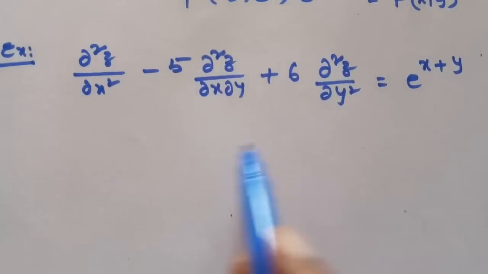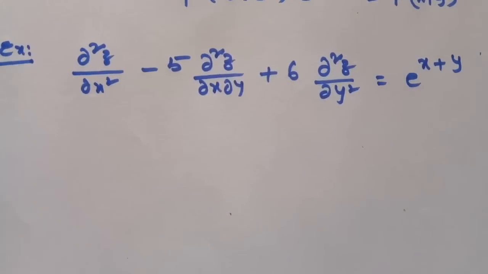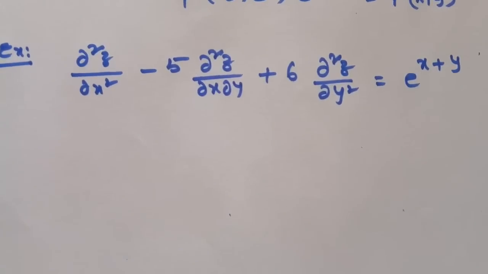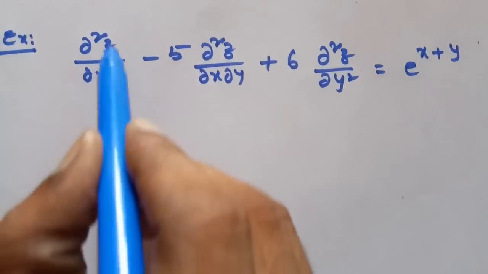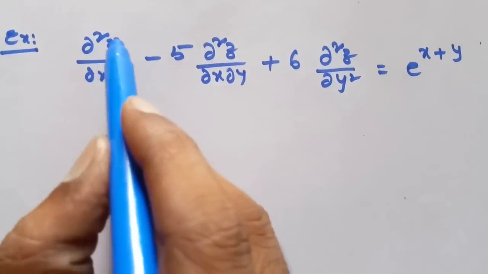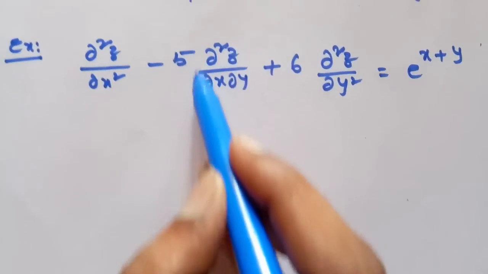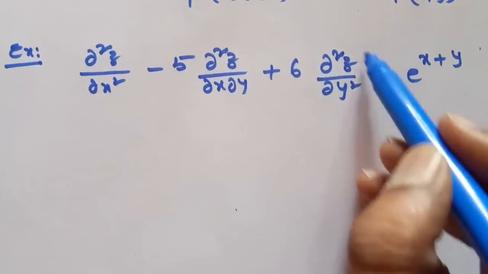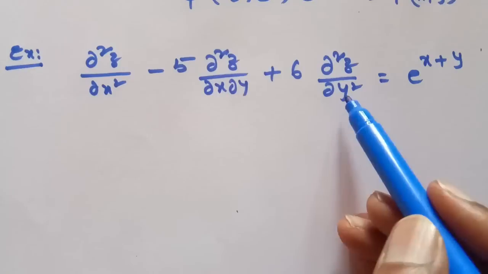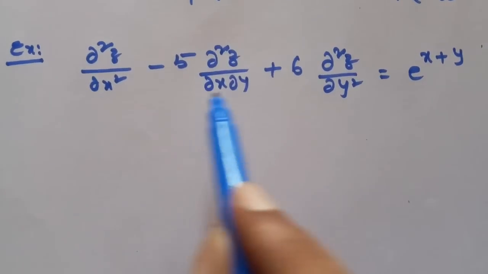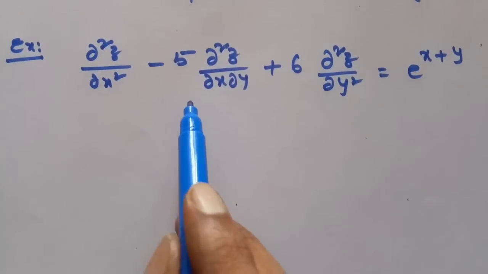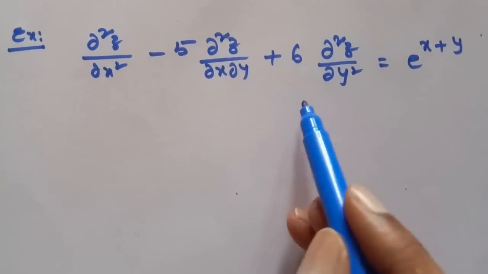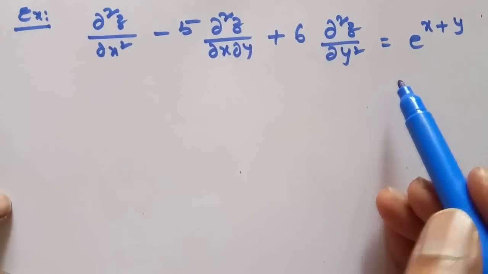Therefore, this is called a homogeneous partial differential equation and a linear partial differential equation, because the degree of each term is 1, and the dependent variable z and its derivatives are not multiplied together. Therefore, this is a linear homogeneous higher order partial differential equation.